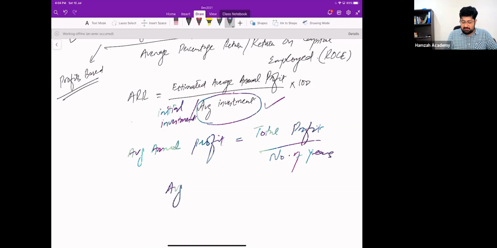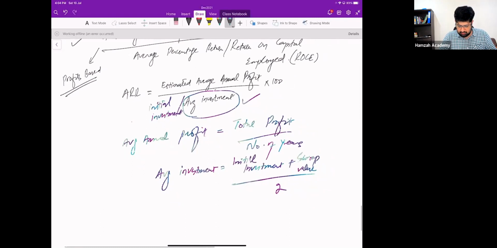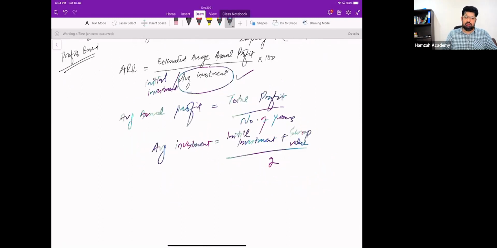Average investment: how to calculate that? Initial investment plus scrap value, divided by 2. So this is called average investment.